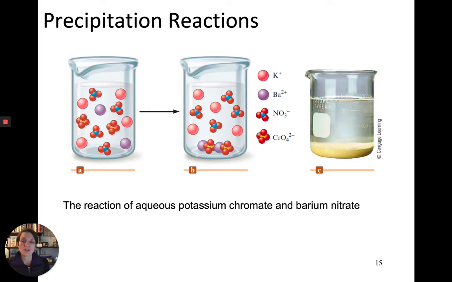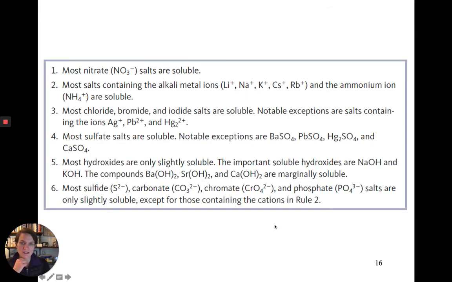They have the opportunity to find each other through random collisions with the container and other molecules. If a chromate and a barium crash into each other, they will precipitate out. And here you can see what that looks like after it's given time to rest.